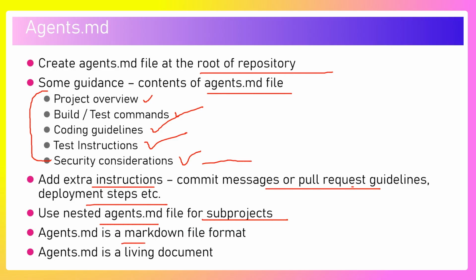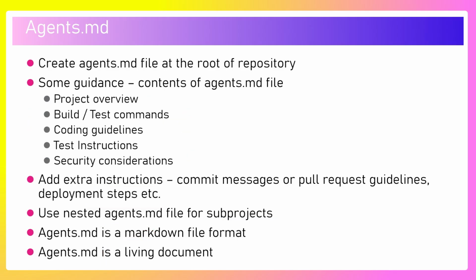Agents.md is a markdown file format, as we all know, and it is a living document. Now, this is important. It's not that you write something within the agents.md file, execute it, and get your thing sorted. You can continuously update and refine the agents.md file, and the system will start referring to that particular file to generate the code.